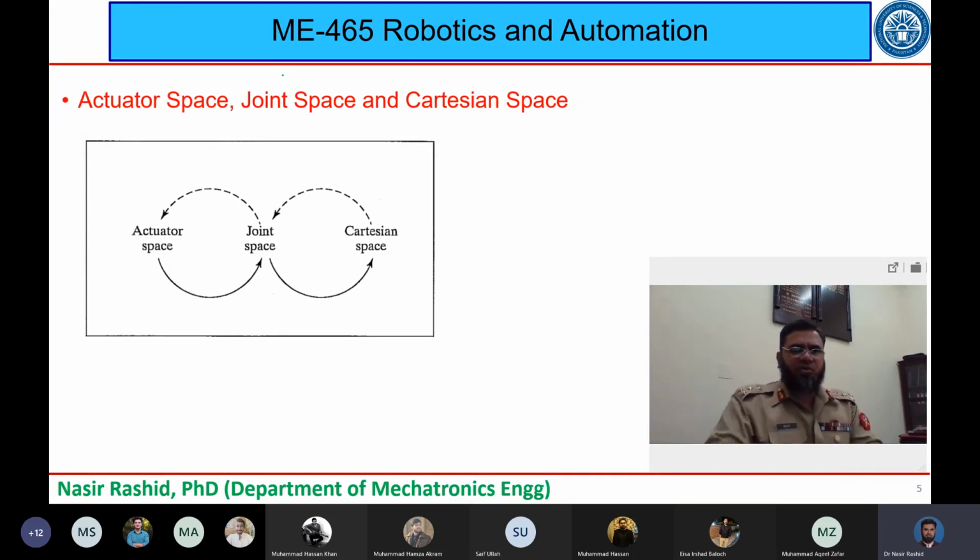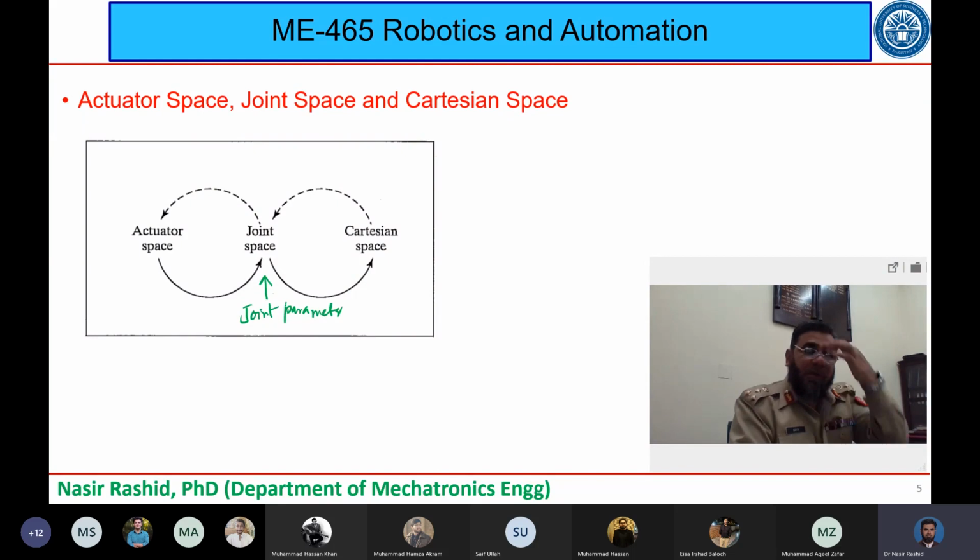Then we convert it into a joint space जिसके अंदर हम joint parameters की बात करते हैं, and then हम इसको Cartesian space में ले जाते हैं, जिसमें कि हम फिर px, py और pz की बात करते हैं.